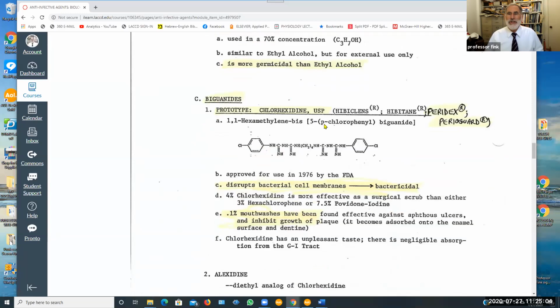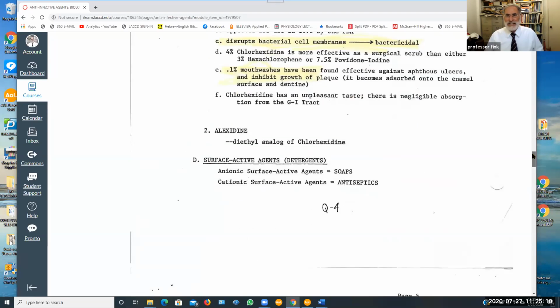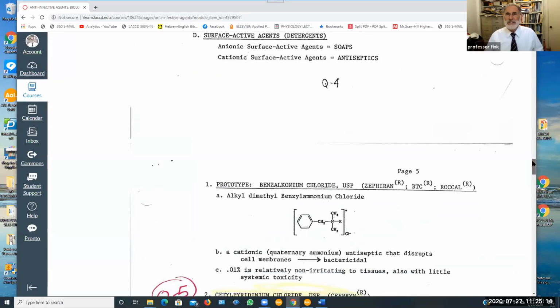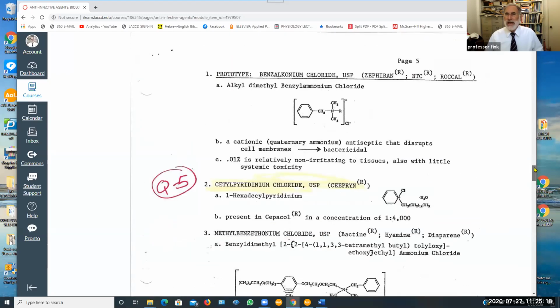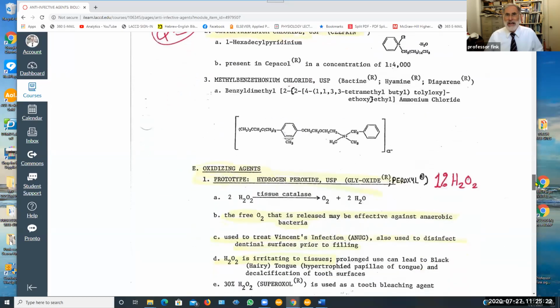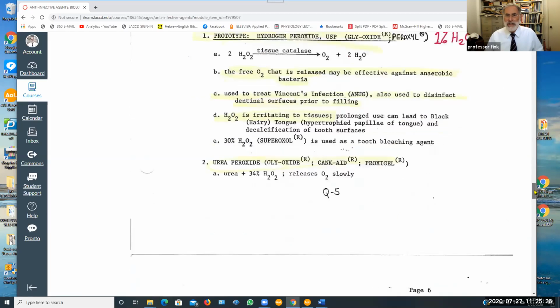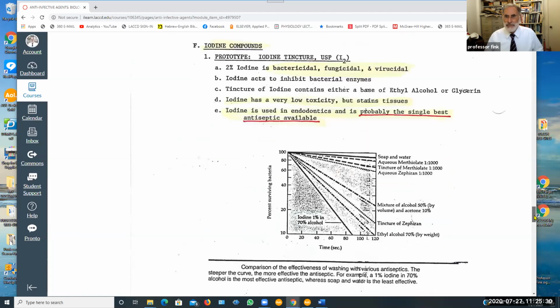A third class are the biguanides, which include chlorhexidine, which is very effective as an antiseptic and disinfectant, and the surface active agents, which disrupt the surface of bacterial cells and fungal cells and so on. And then the oxidizing agents that give off oxygen. And finally, the iodine compounds.